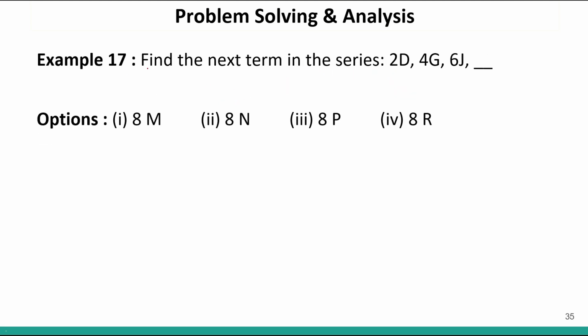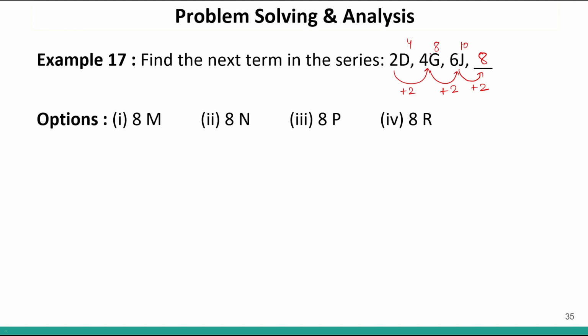Now, again, an alphanumeric series. So 2, 4, 6. Clearly, this is plus 2. So now again, we'll move 2 positions forward. So 2 positions forward will give me 8. Now, D is 4, G is 7, and J is 10.